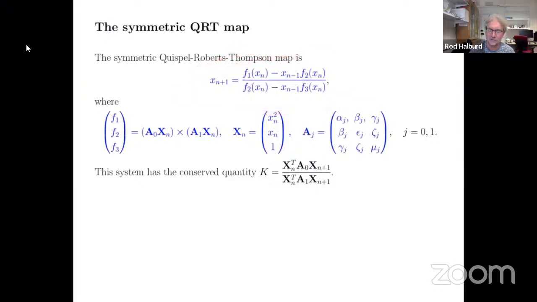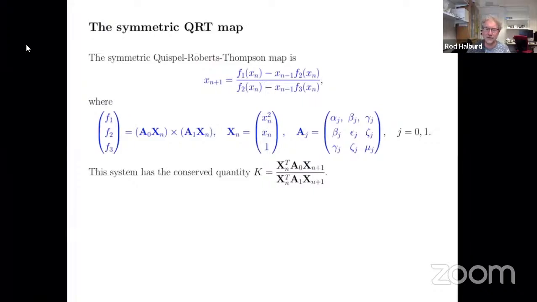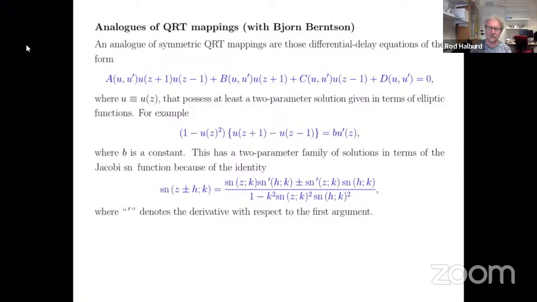the Sn functions, is to look for equations that have lots of solutions of this form. So here, we're looking for this delay or difference type equation, shall we call it, the type that you can iterate easily without having to solve differential equations.